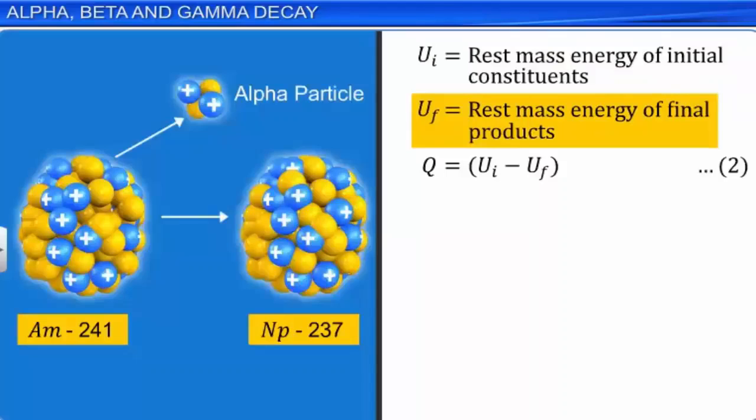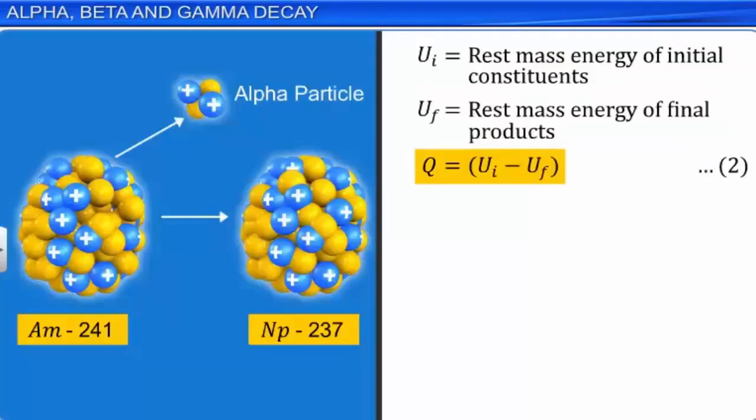Let this be equation 2. This definition of the Q value is valid not only for alpha decay, but in general to all nuclear processes. Q denotes the energy made available as kinetic energy of the products.